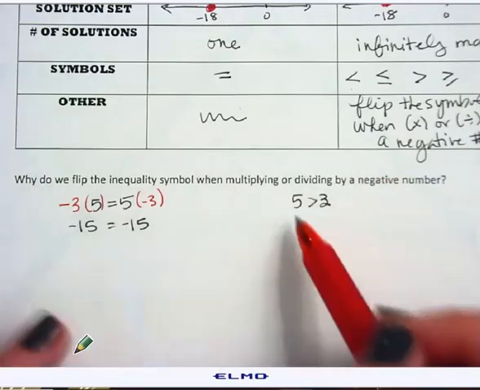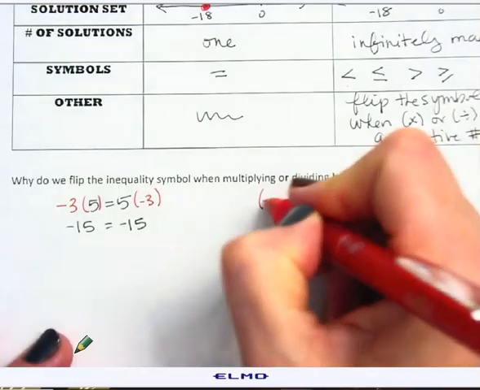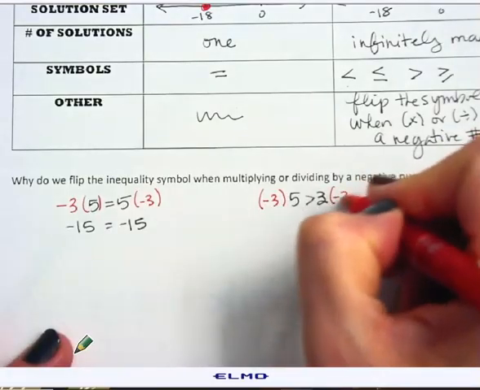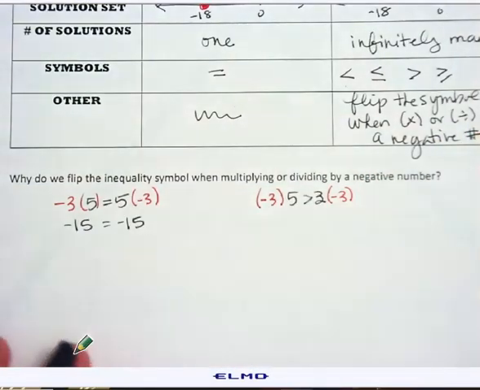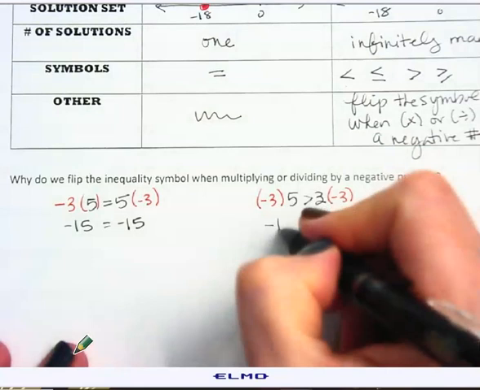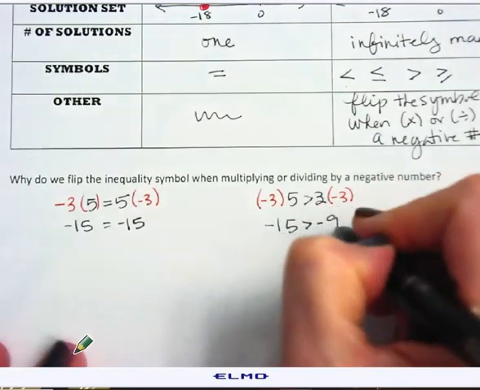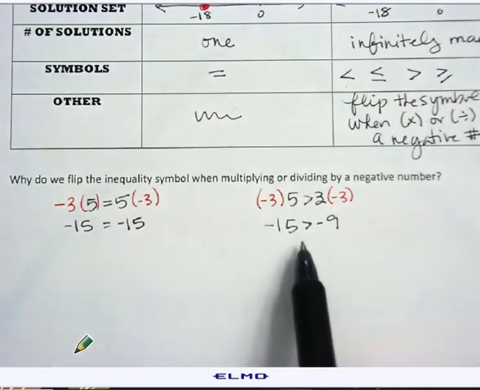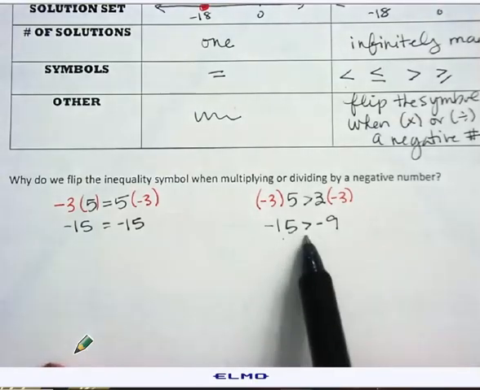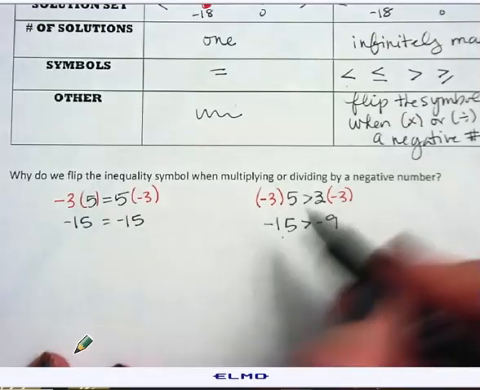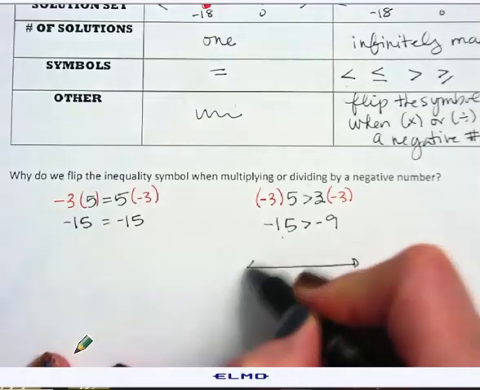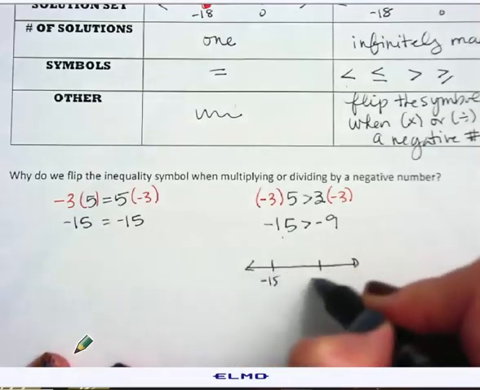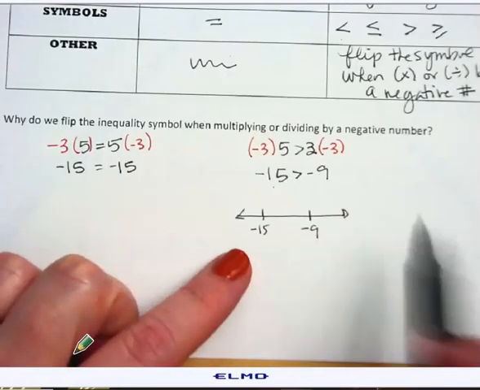Now let's see what happens on the inequality if I multiply both sides by -3, just like we did on the equation, and we don't change the sign. We end up with a statement that says -15 is greater than -9. This is not a true statement. Imagine where those numbers are on a number line.